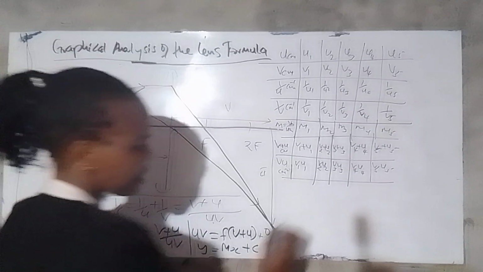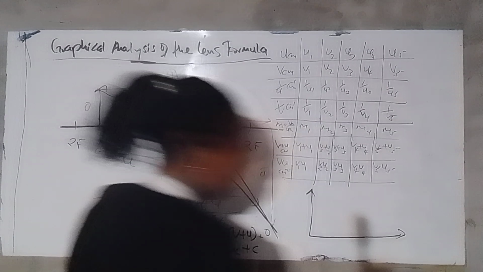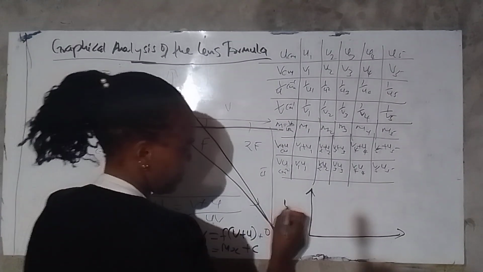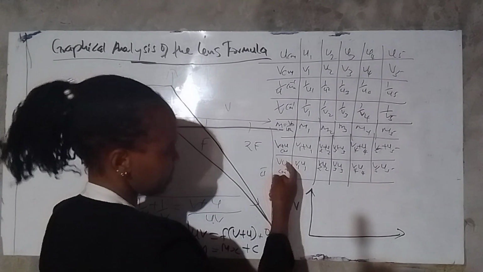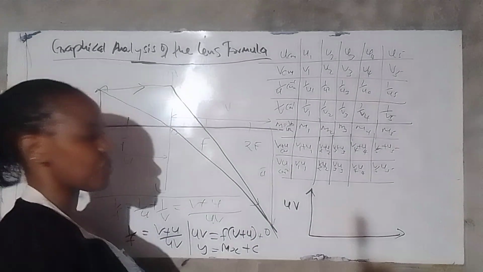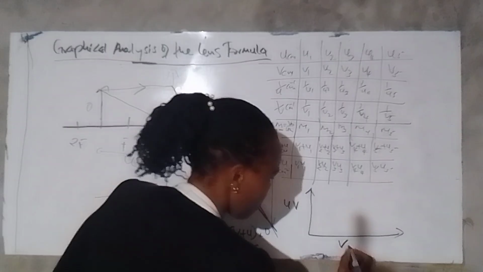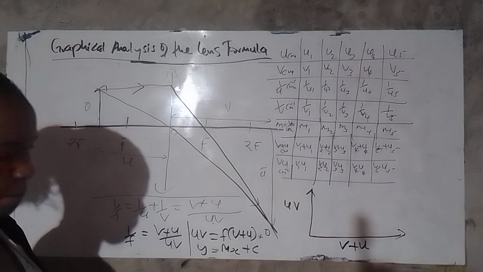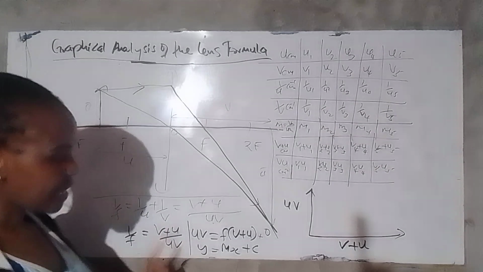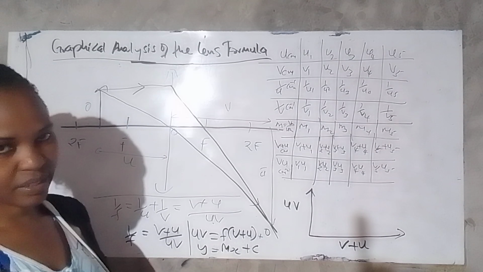Okay, so if I plot a graph of UV, to avoid confusion, V times U is the same as U times V, there's no difference, against V plus U, then what do I get? Number 1, I get a straight line, because this equation and this equation are equivalent.